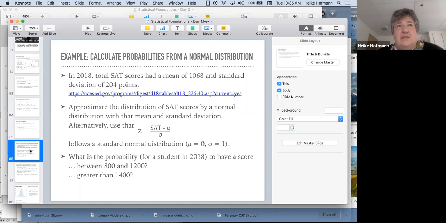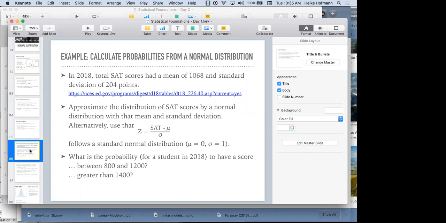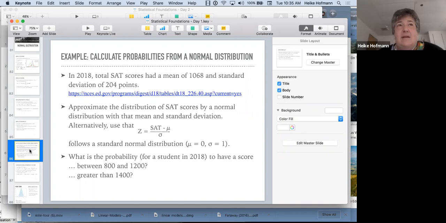Another way to check for normality would be a test. There's a lot of different tests that test for normality. There's Shapiro-Wilk, and a lot of other tests. We can also have a look at so-called quantile plots.